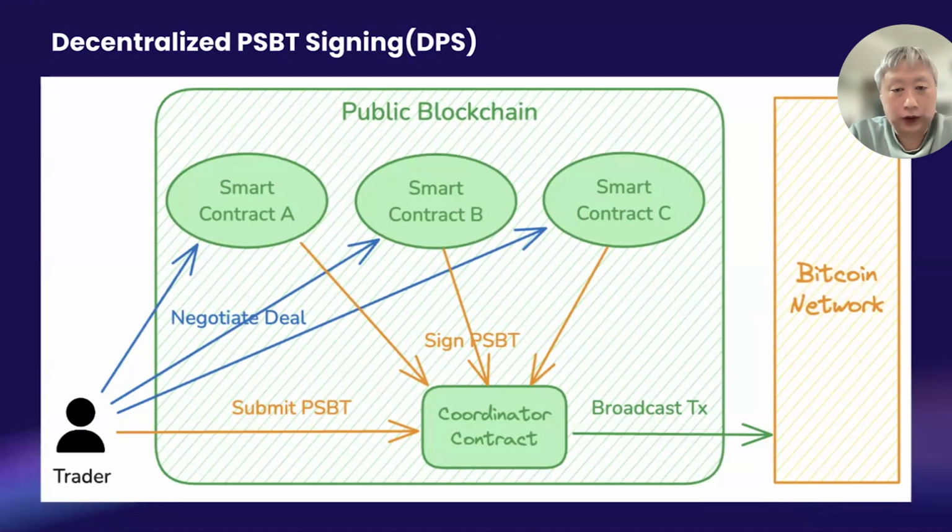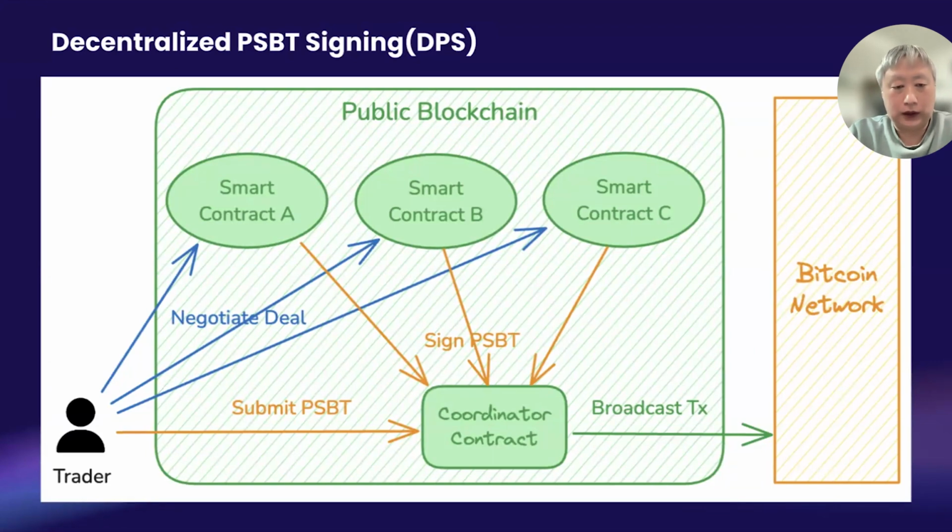deals with smart contracts. Apparently, smart contracts need to control cryptographic keys, so they can hold Bitcoin assets and join this PSBT signing process.